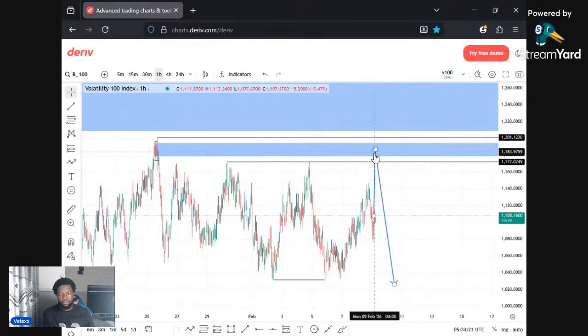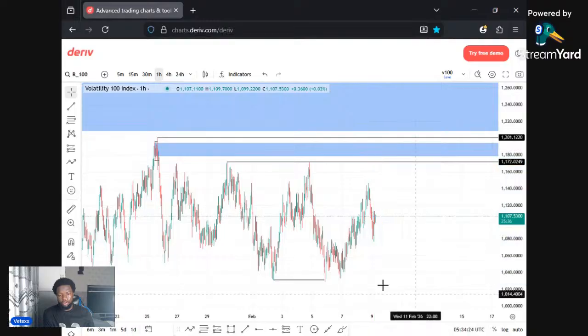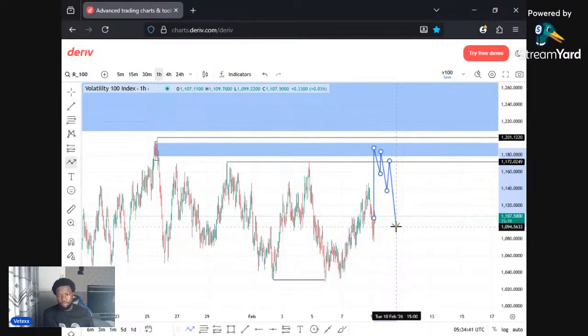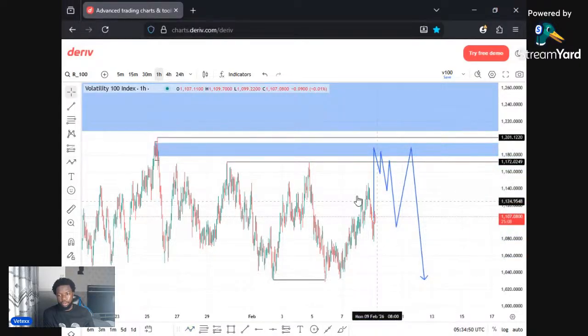Once price comes into this zone, we anticipate price will give us this, and then come into this PI and then sell in the opposite direction. This is what we anticipate on V100.